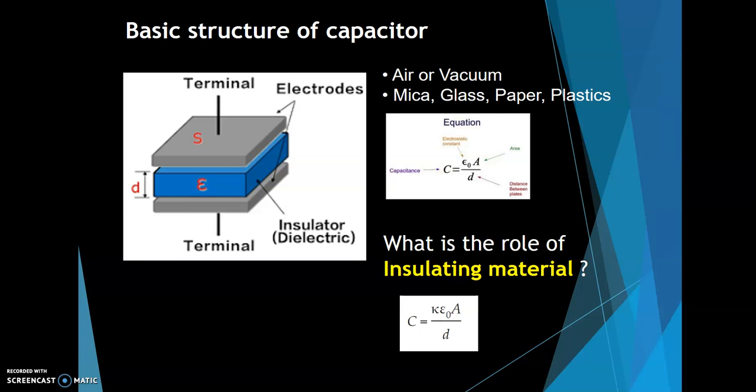But what is the role of a solid insulating material? The solid insulating material helps to improve the capacitance value of a capacitor. So what is capacitance? It is nothing but a potential to store energy. It is simply defined as the charge developed on the capacitor plates divided by the voltage.